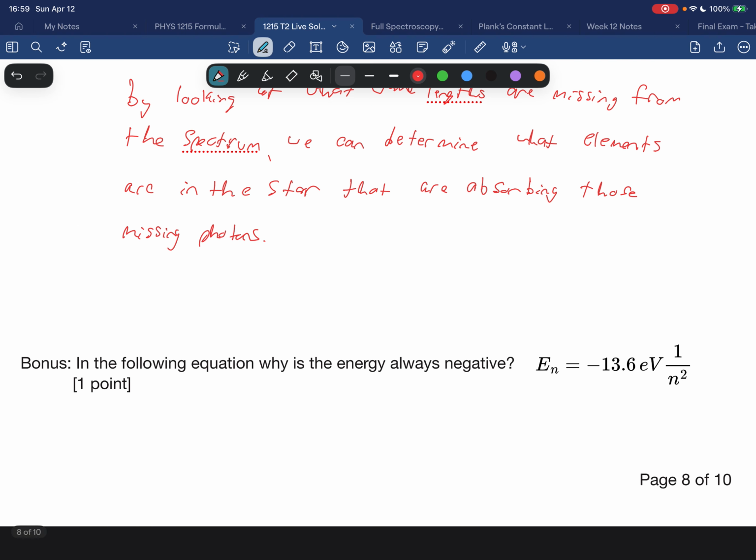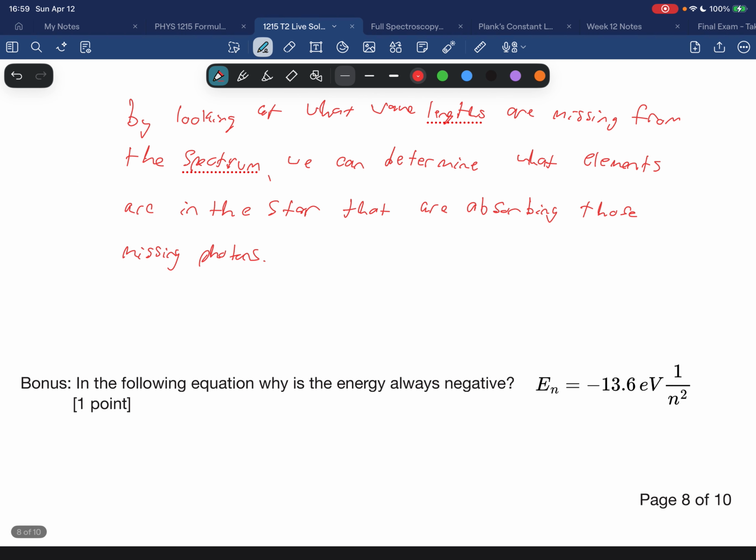The bonus, in the following equation, why is the energy always negative? It is potential energy. Because it's potential energy, it is defined as being zero at infinite distance.